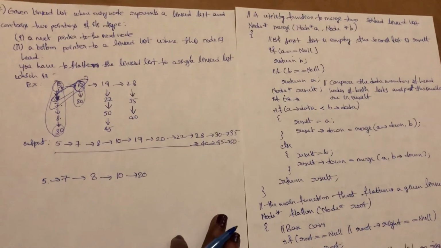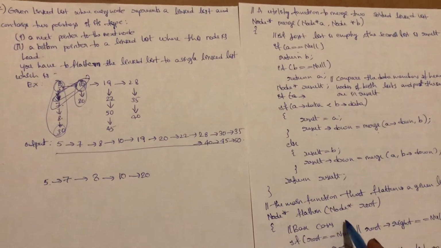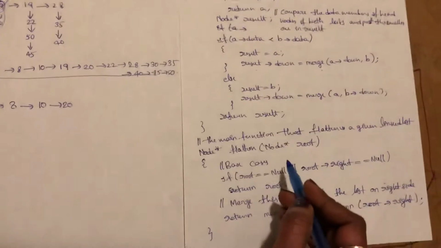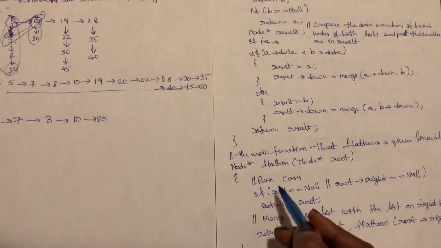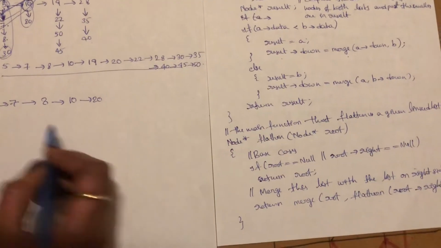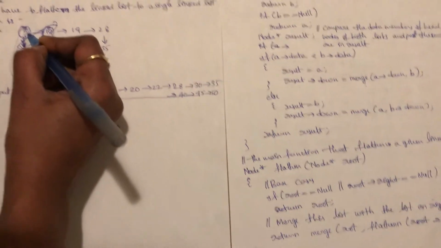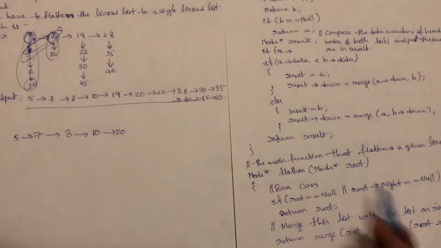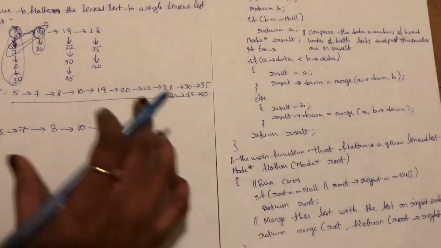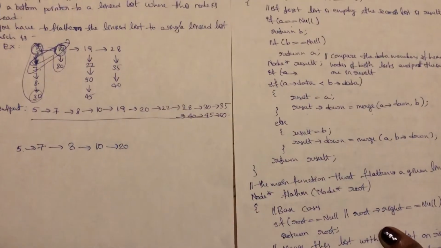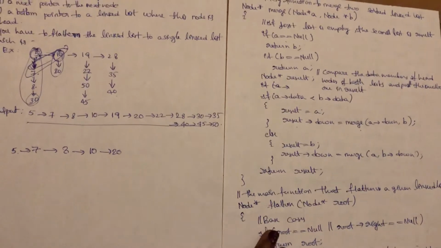Next, by using this merge method, we are calling the actual flatten function here. If root is null, we return it; otherwise we compare it with the right value. By doing this, we are going to merge the linked lists. This is the main function.